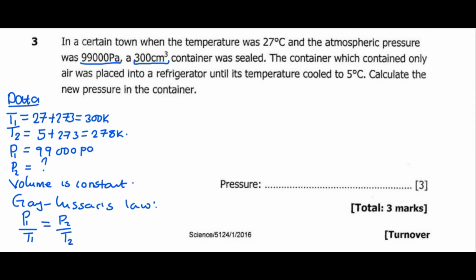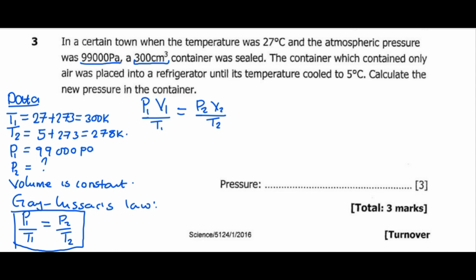Now, let's say you forget this formula during your exams or tests, what are you supposed to do? What I recommend is that you at least master the ideal gas equation, which is P1 multiplied by V1 over T1 is equal to P2 times V2 divided by T2.